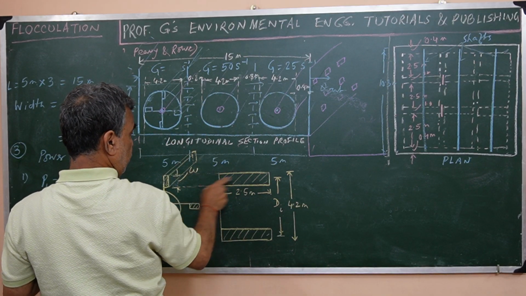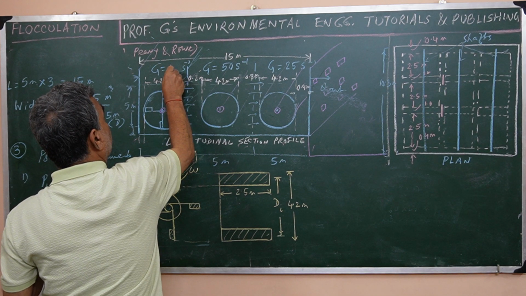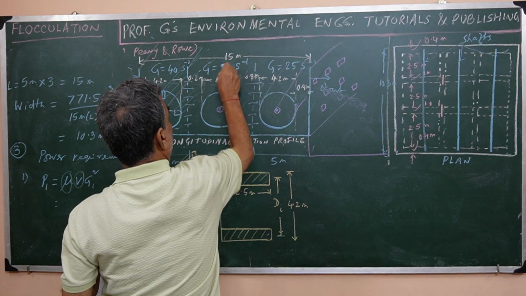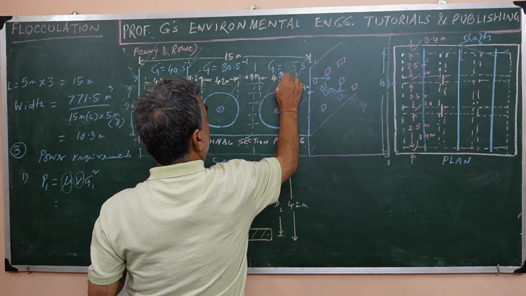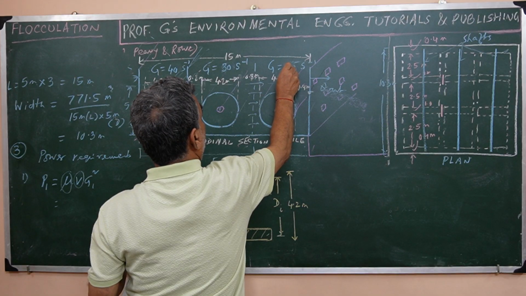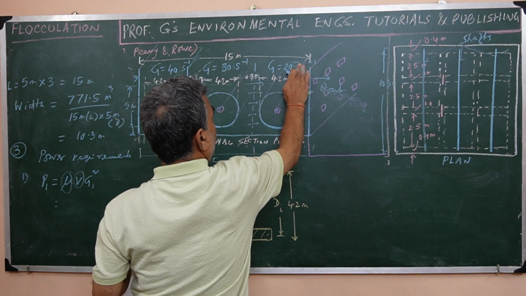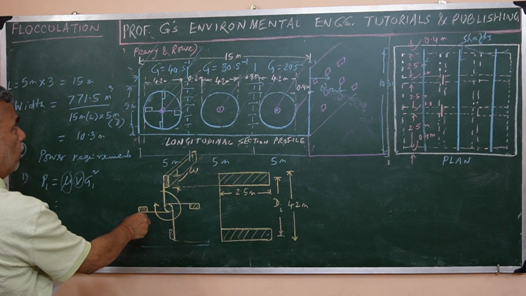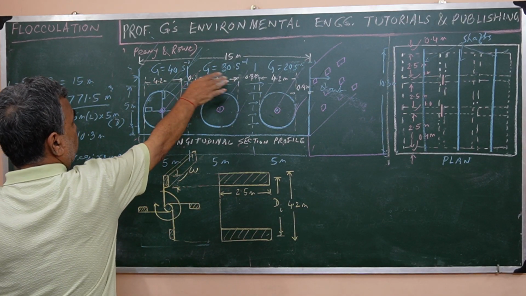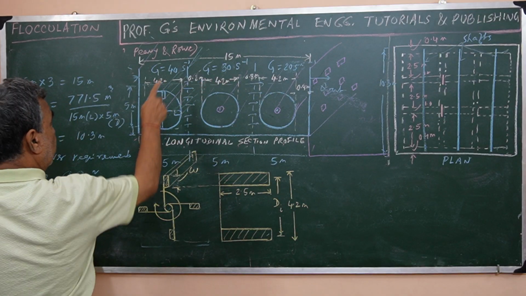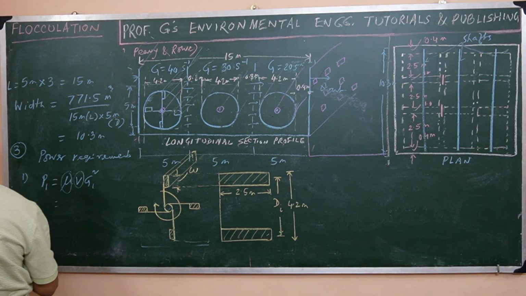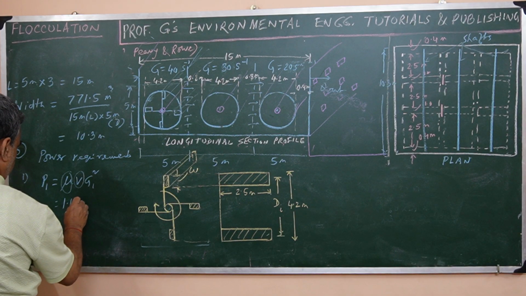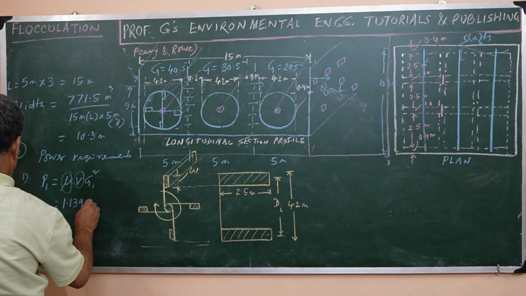Because I wrote it, but now the earlier one has come: 40, then 30 second inverse, and 40, 30 and 20 second inverse. I just discussed that a short while ago, but the earlier one was there, I think. So 40 second inverse for that G, and the mu value at 15 degrees centigrade, from the literature you will get this.